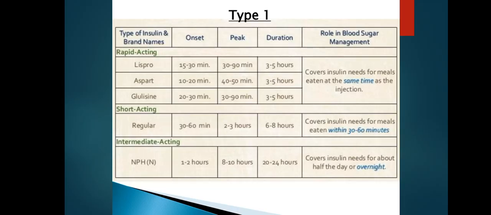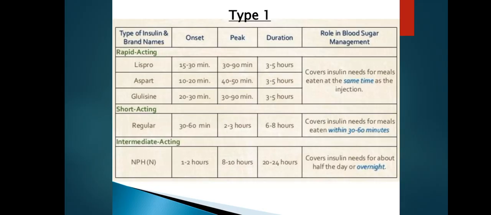What is the short acting insulin? The short acting insulin is commonly known as regular insulin, and it is mostly used in hospitals. What will be its onset of action? 30 to 60 minutes. Its peak will be at 2 to 3 hours, and its effect will remain 6 to 8 hours.